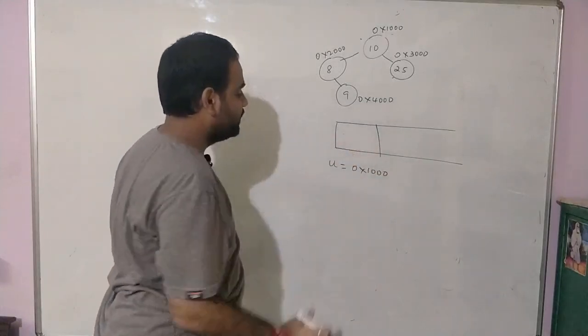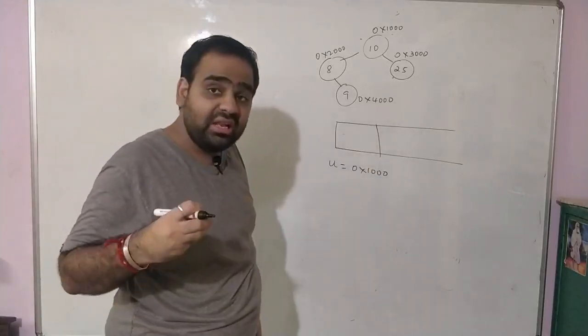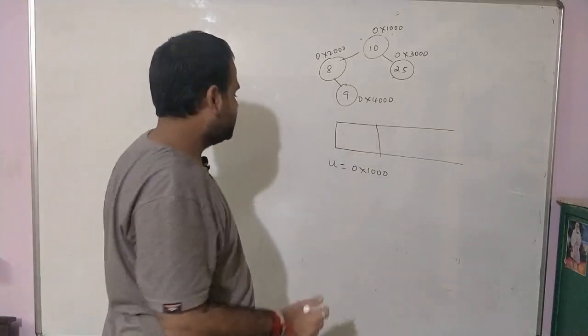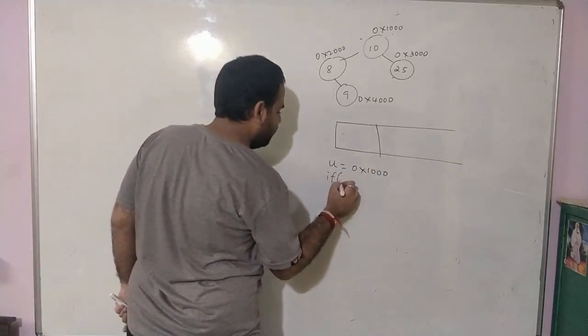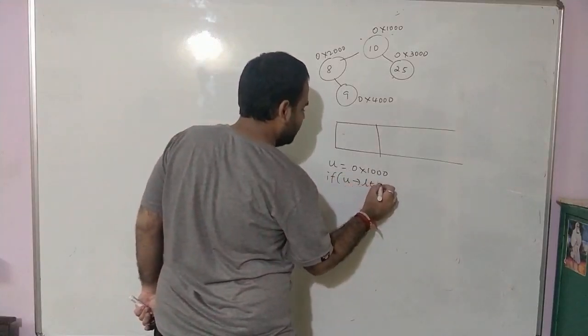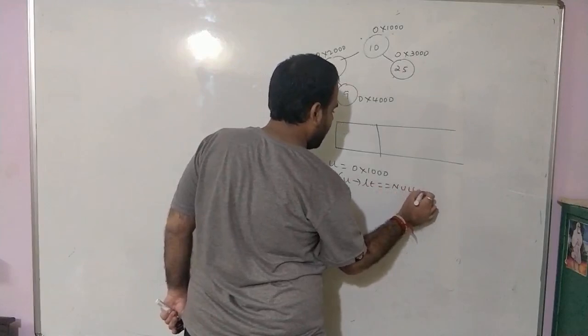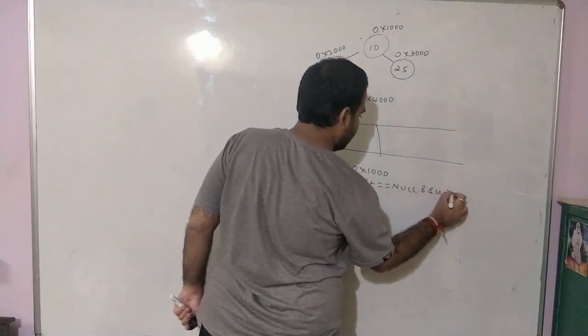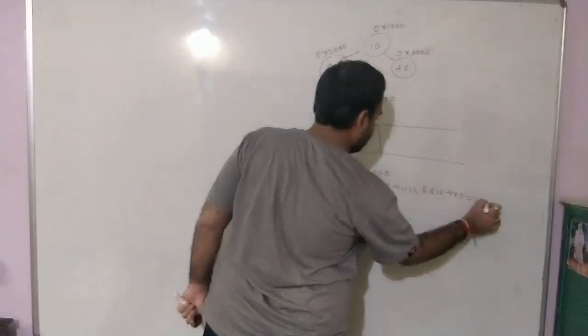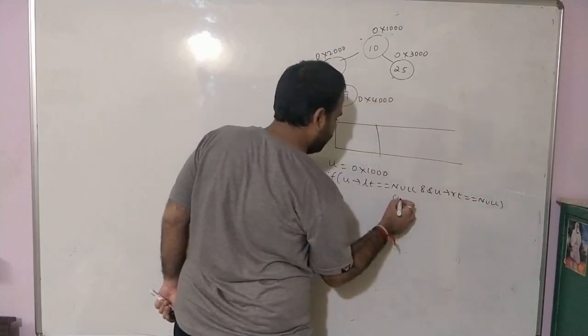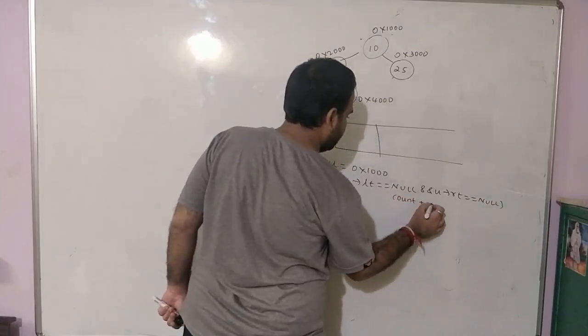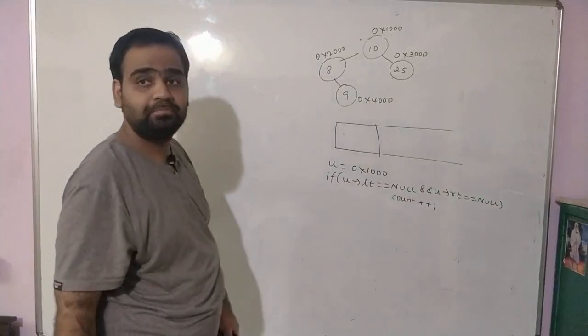Now you check whether u is a leaf node or not. How do you check u is a leaf node or not? If u arrow left is equal to null and u arrow right is equal to null, that means it is a leaf node, and if it is a leaf node, you will increment the count.